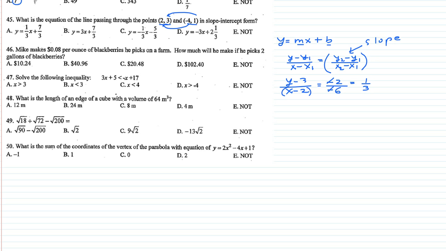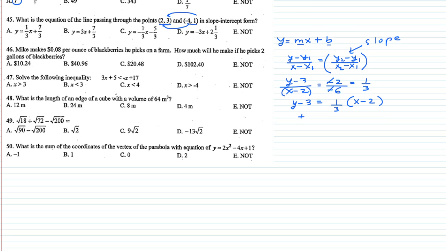So the next thing that I can do is multiply both sides by x minus 2. When I do that, what I get on the left side is y minus 3 is equal to 1/3 of x minus 2.